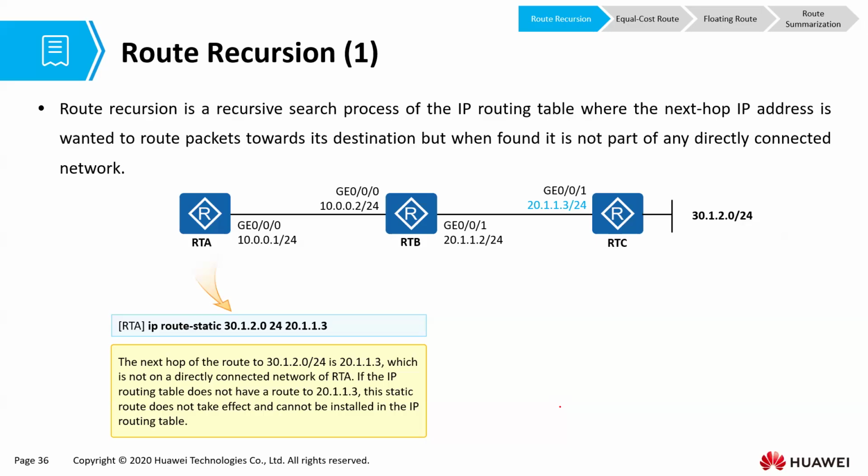Example, we have a static route here that allows us to get to this destination network via this next hop IP address. Right, I think it's from RTB.